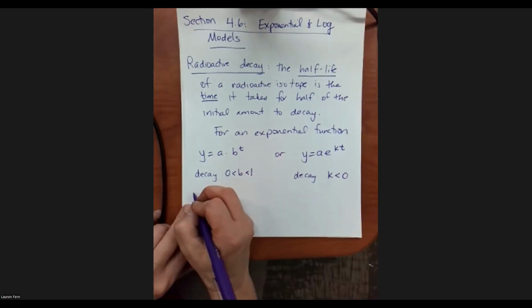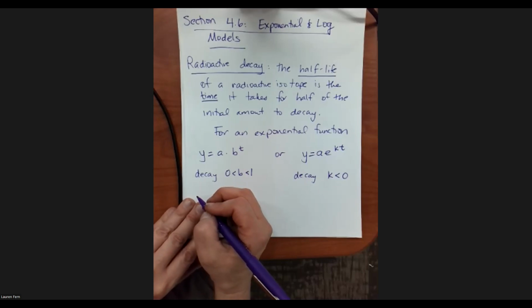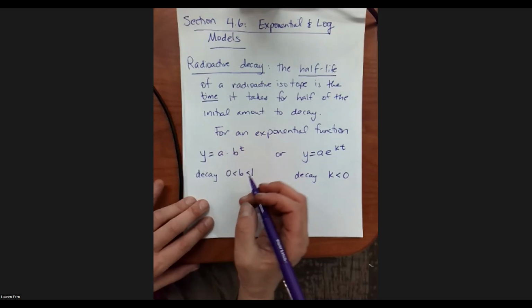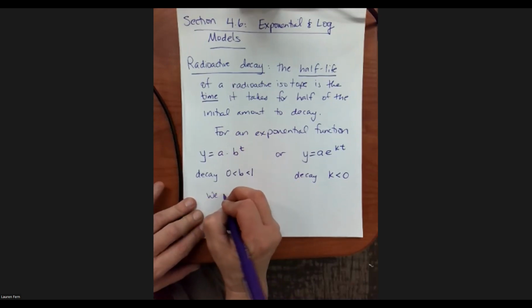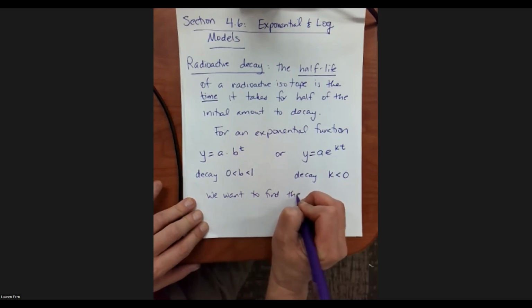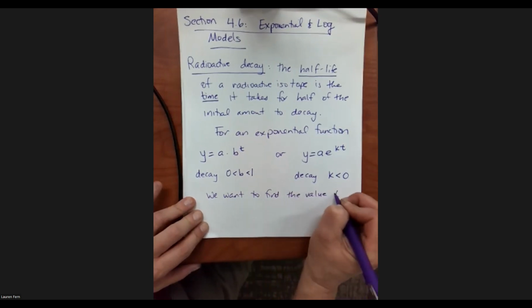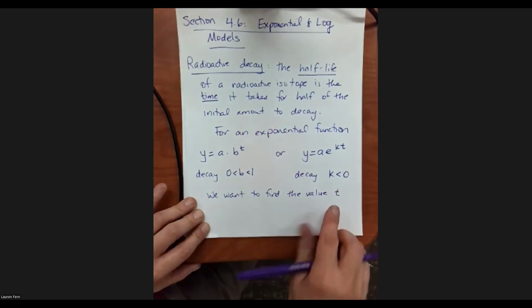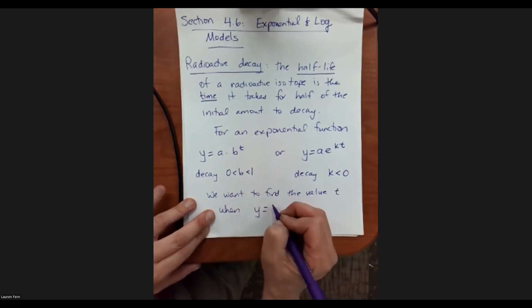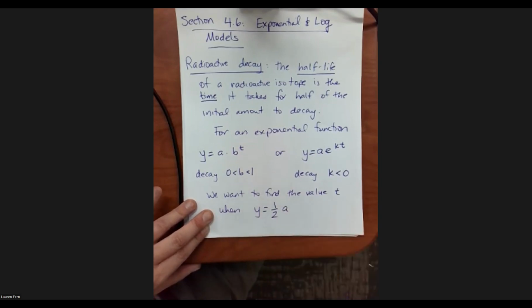And specifically, what we're looking for when we talk about half-life is we want to find the value of T. Remember, the half-life is time when the amount we have is 1/2 of the initial amount.